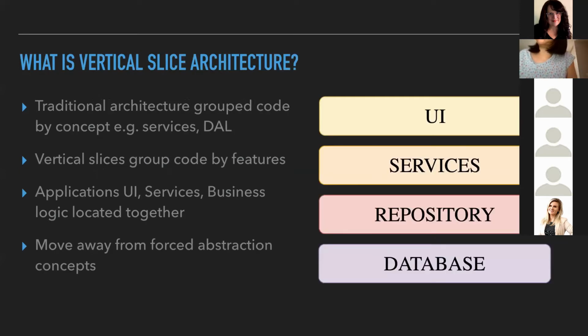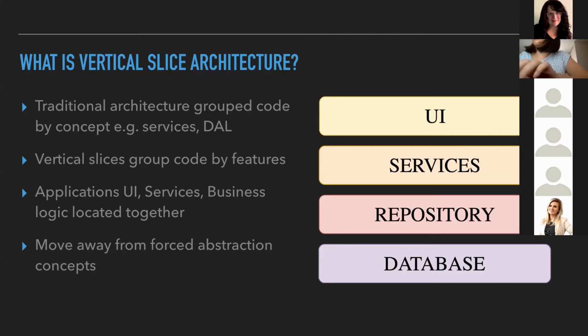So what is vertical slice architecture? A lot of people are probably very familiar with the n-tier approach and are working in or have worked in applications that are structured like this. A lot of people's similar code is grouped into projects of the same type, so all of your services live in your services project, your repositories in theirs, and so on.